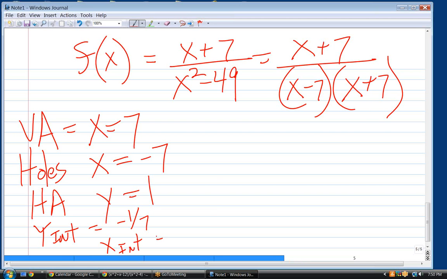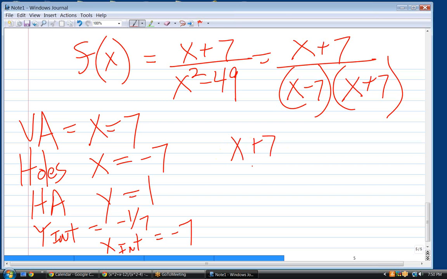I said 0. Wait, no, negative 7. Negative 7, correct. Okay. And let's see if we can solve for whether it crosses the horizontal asymptote or not. And I'll try to do that before I draw the graph so I have room. In other words, can I solve this solution?